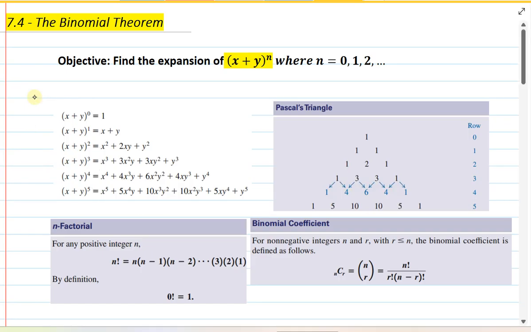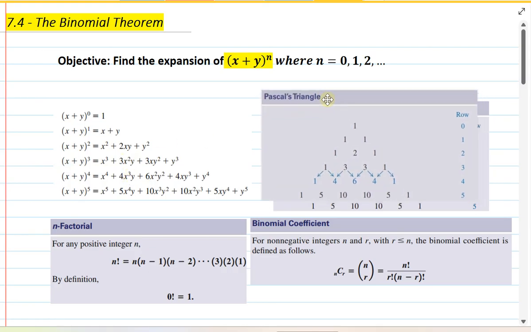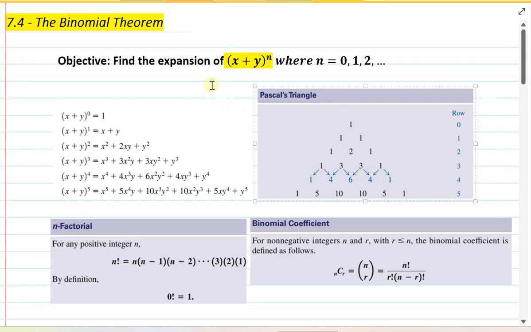Now, looking at what's on the right side here, to the right of these equations, we can kind of draw a parallel to what's called Pascal's triangle. Some of you may have seen the Pascal's triangle, right? Which is named after Blaise Pascal. This idea, by the way, is roughly about 400 years old.